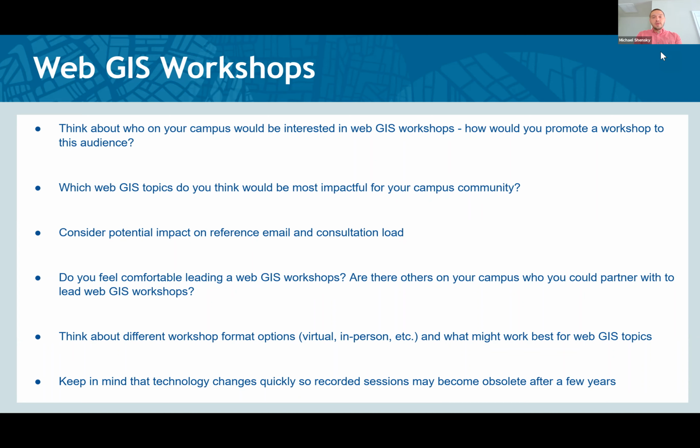One of the first things that I think might be useful for us to reflect on is who on our campuses might benefit from gaining the same knowledge that we picked up this week, right? Who would want to know these things, who could use it in their work, and how would we reach them? One of the challenges we have each semester is trying to figure out what our promotional strategy is for our workshops. What mailing lists are we going to reach out to?